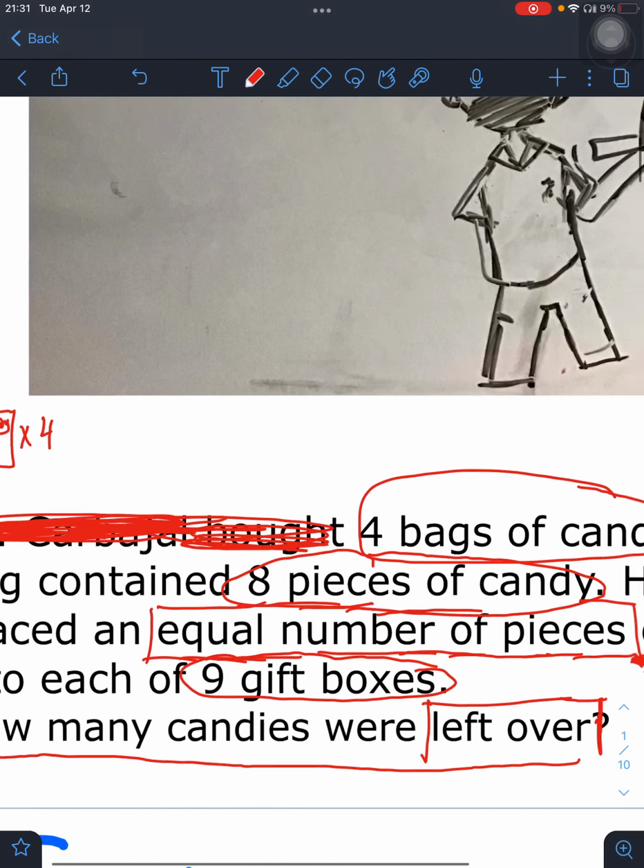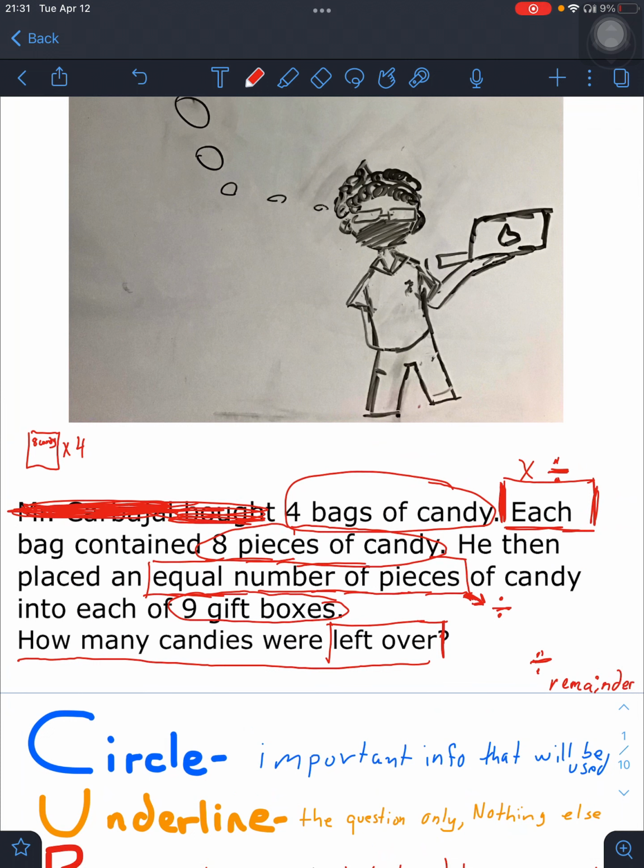So that word each is telling me that the number is going to get bigger. 8 times 4 is going to be part of my equation. 8 times 4, this is still part of my plan. My plan is to multiply 8 times 4. This is my visual that's helping me see that.